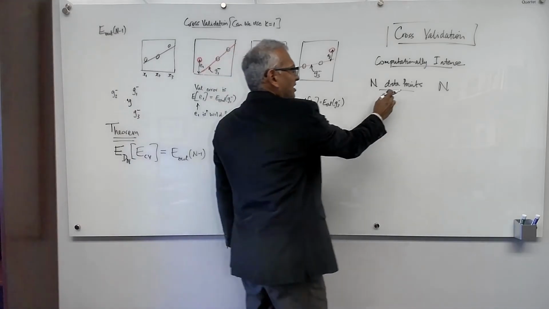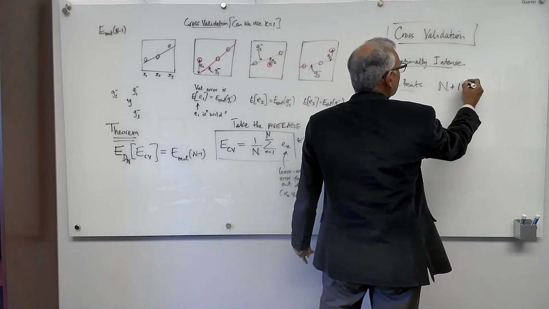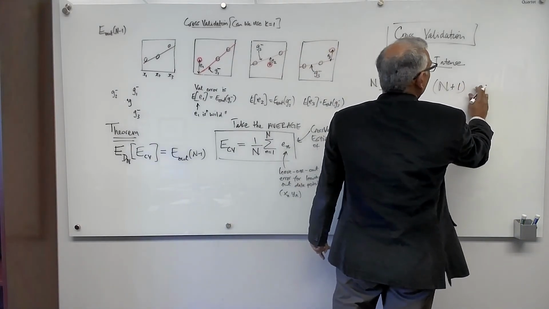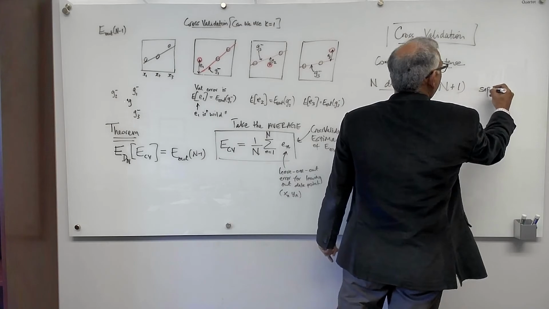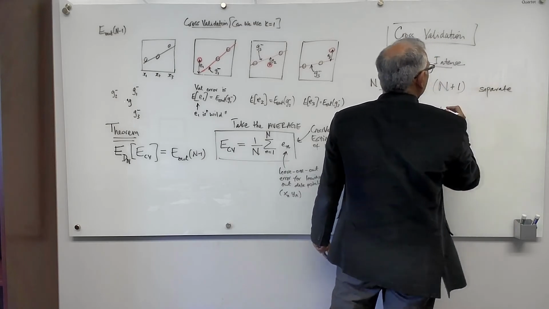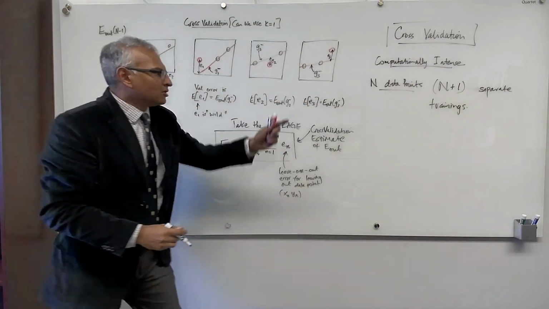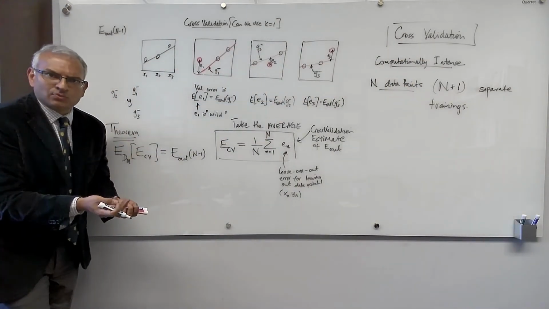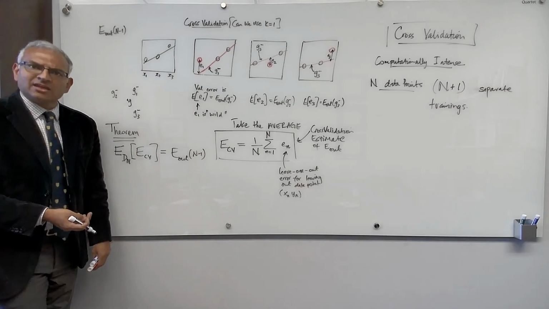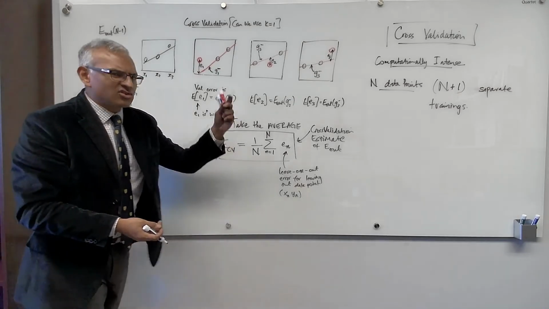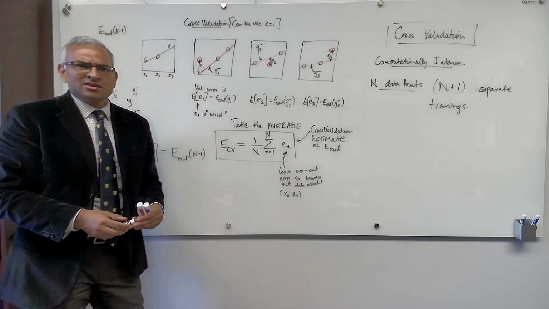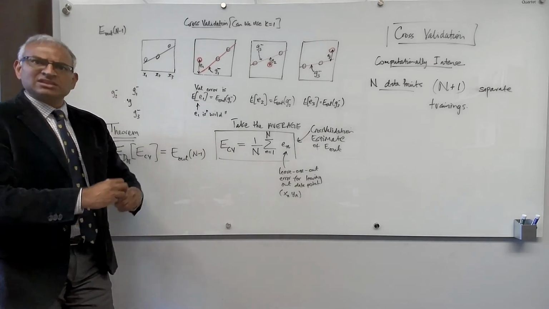So I have n data points, I have to do n plus 1 separate trainings. n of those are on data sets of size n minus 1, and 1 on a data set of size n. And typically, each training is not going to be less than linear in n, and sometimes it can be even worse.